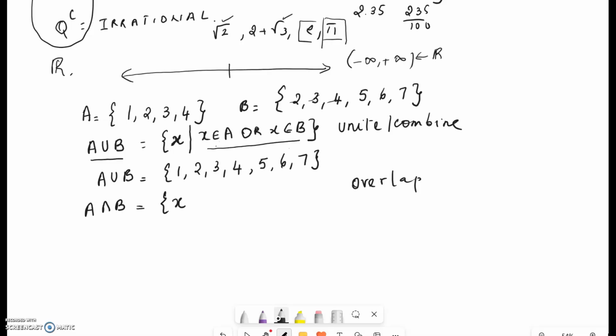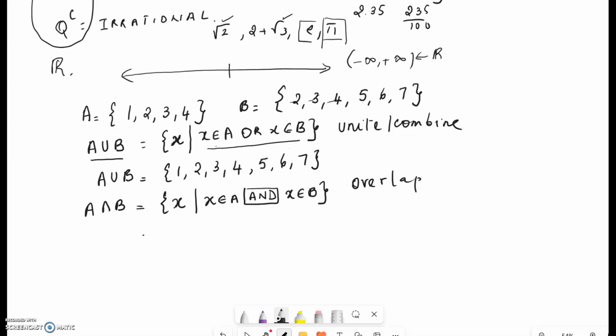It's the set of all the numbers x such that x belongs to A. We are talking about an overlap. So it has to belong to both, and that's why we use the word and. X belongs to A and X belongs to B.